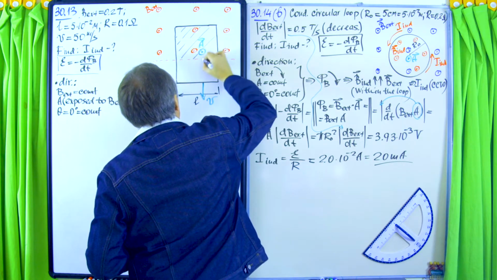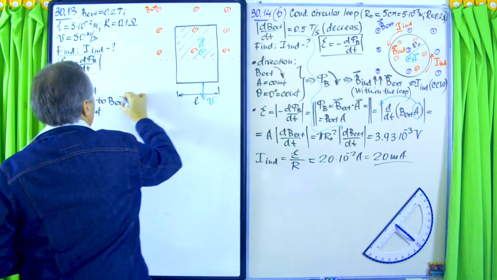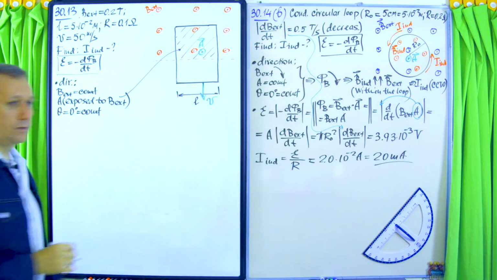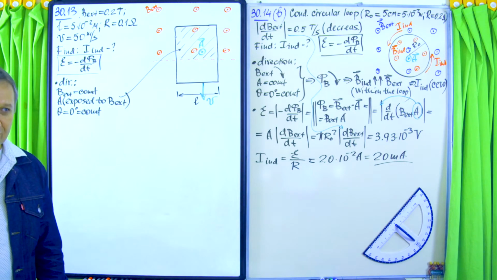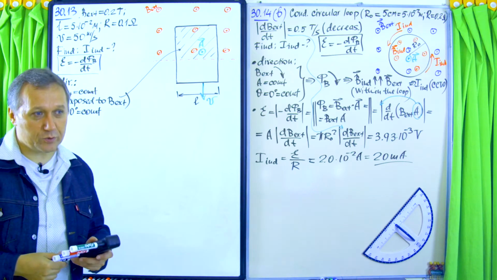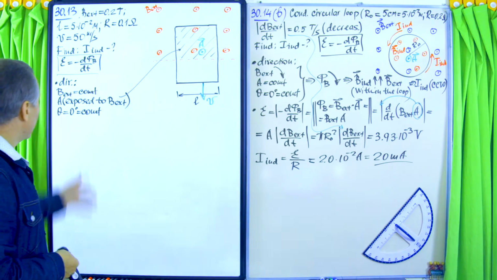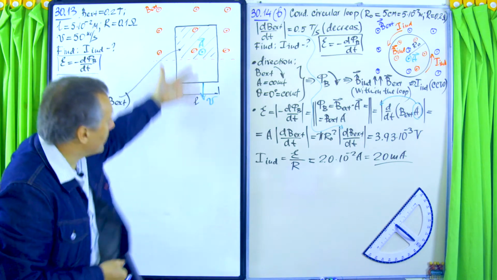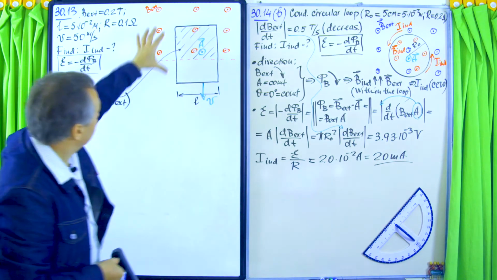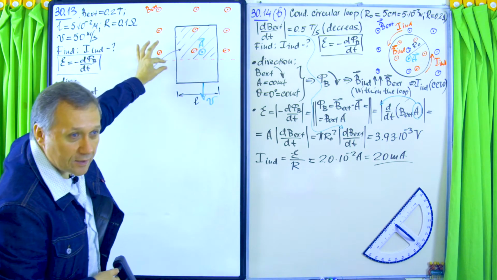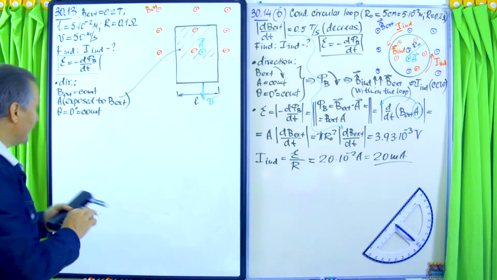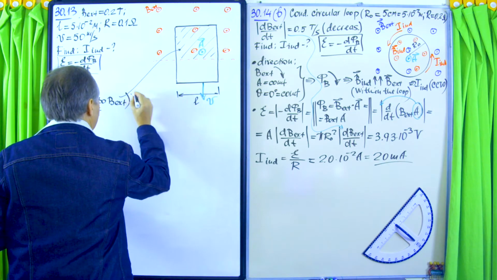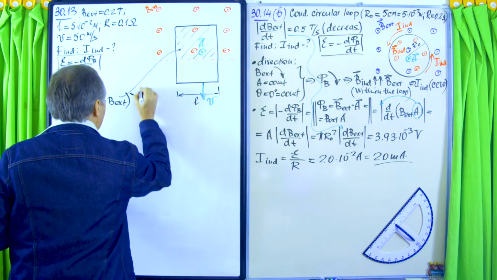So that's the area I'm talking about, exposed to the external magnetic field, because only that area contributes to the flux. Okay, and what happens to that area as we drag this loop down? It's getting smaller and smaller and smaller. So that area is going down, right?